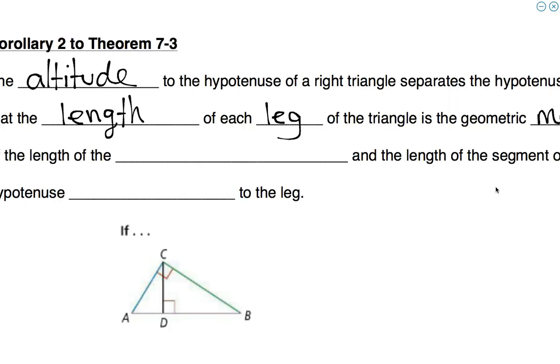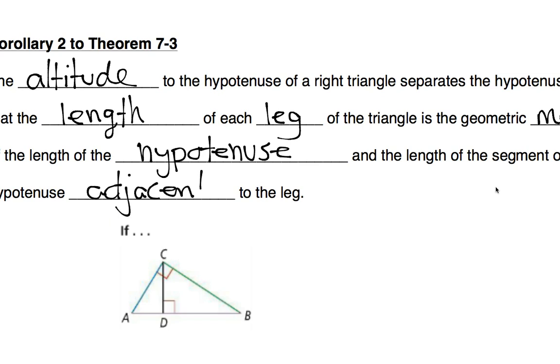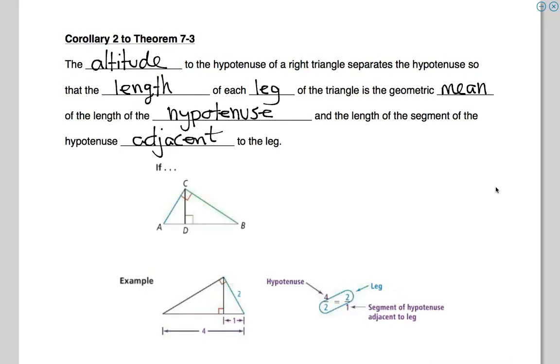Now that's a lot. And remember what I said earlier, these definitions, theorems, and corollaries are worded so that you have to read them many times and compare them to the visual to understand what's happening.